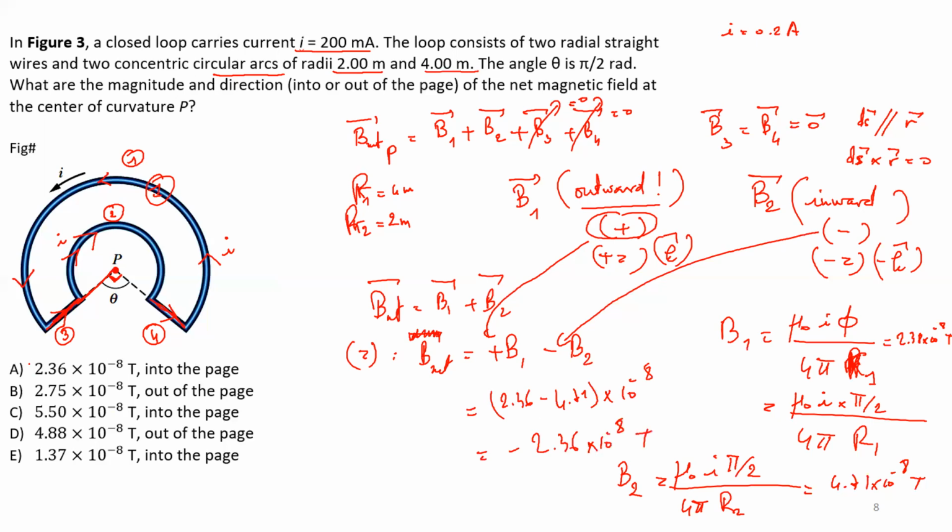This is the right answer. The negative sign is telling you that it's pointing inward, into the page. I knew that because this wire here is closer, so it will create a bigger magnetic field at the center. So I know the magnitude and the direction, into the page.